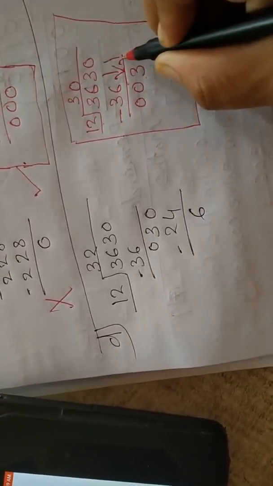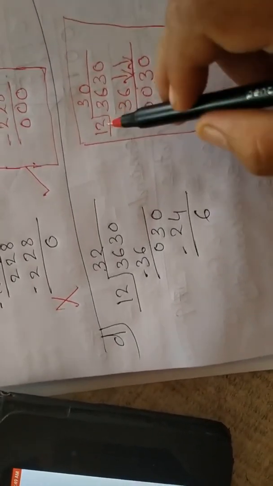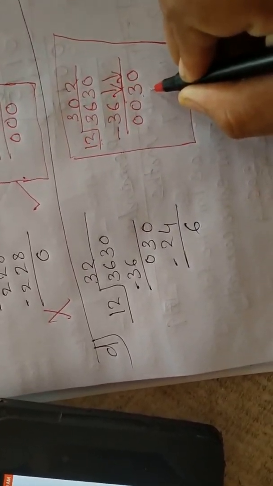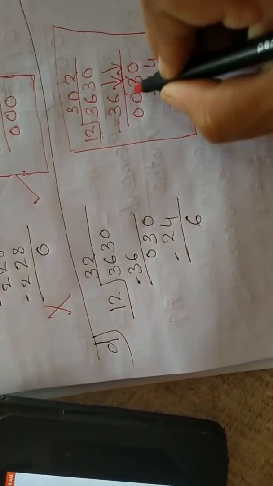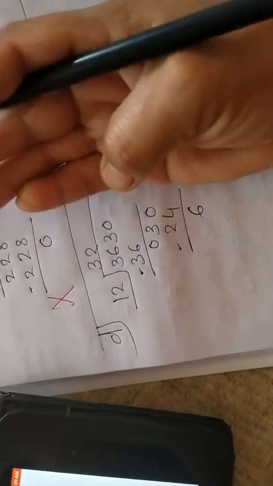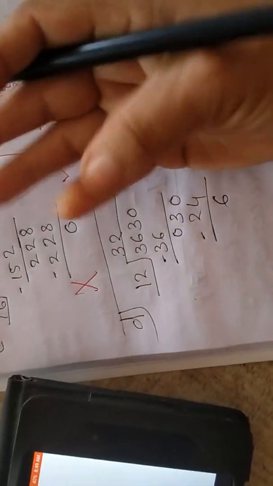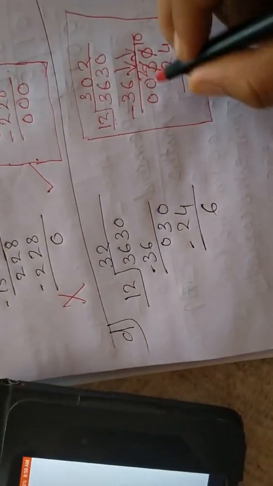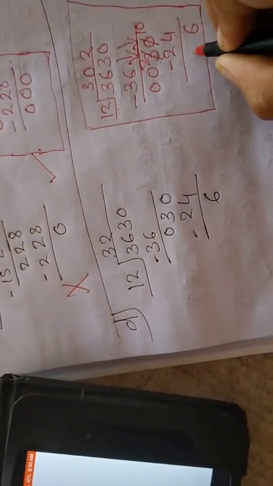Then again we bring down 0, so the next number is 30. 12 twos are 24, we write here 24, then 0 minus 4 not possible, cut 3, write here 2, cut 0, write here 10. 10 minus 4, 10 on your finger, 1, 2, 3, 4, 5, 6, 7, 8, 9, 10, cut 4, 1, 2, 3, 4, remaining number is 1, 2, 3, 4, 5 and 6, so we write here 6. 2 minus 2, 2 on your finger, cut 2, 1 and 2 will cut, so the remaining number is 0.